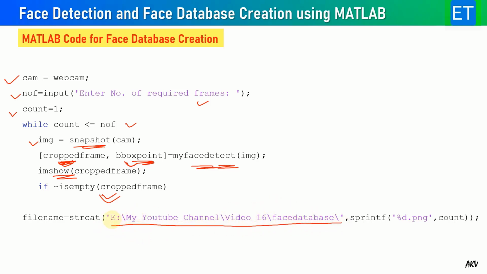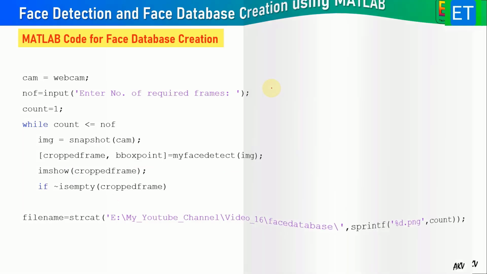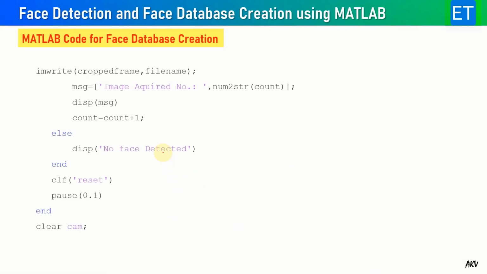In the E directory, I have created one folder, face database. In this particular folder, I will store all the required frames. You can copy this code as it is.